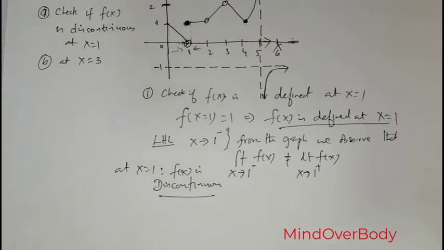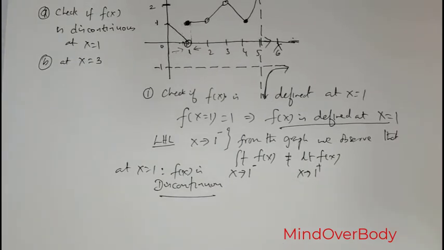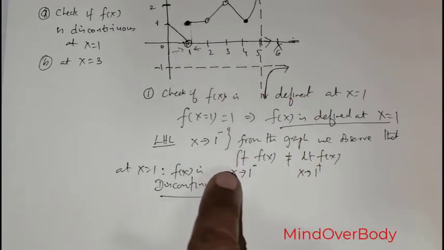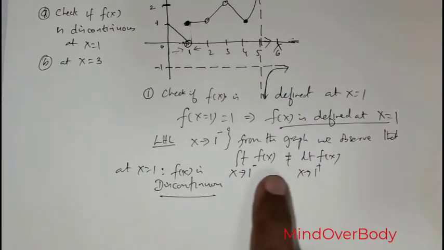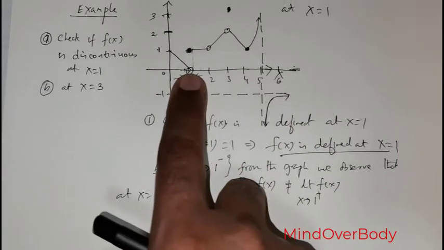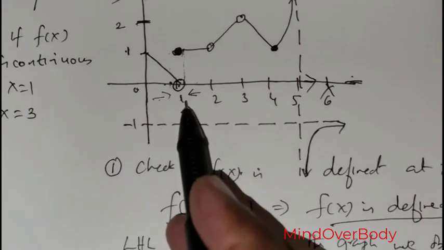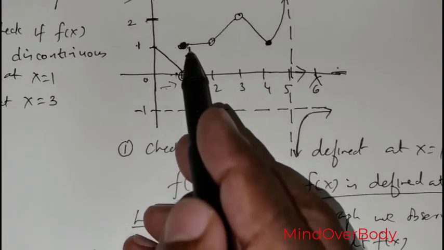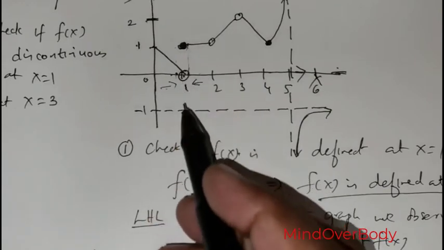So what are the important points we have to note here? Though the function is defined, the limit test fails. The left hand limit is not equal to the right hand limit. And how did we find it? Right from the graph. Clearly you can see that as x is approaching 1 from the right hand side, the functional value is going to be 1.